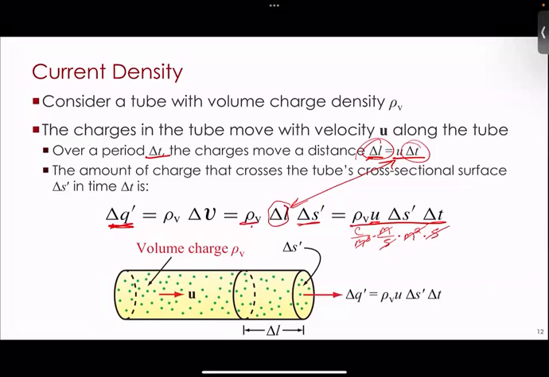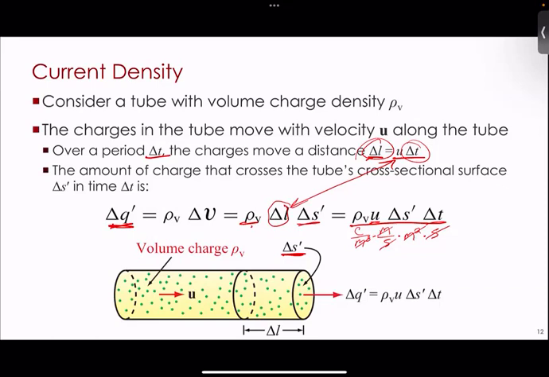Now, we didn't talk about it, but this delta S, what would the surface normal to delta S be? What would the direction be relative to, let's say, the U? What do we always say the directions for surfaces are? Normal.